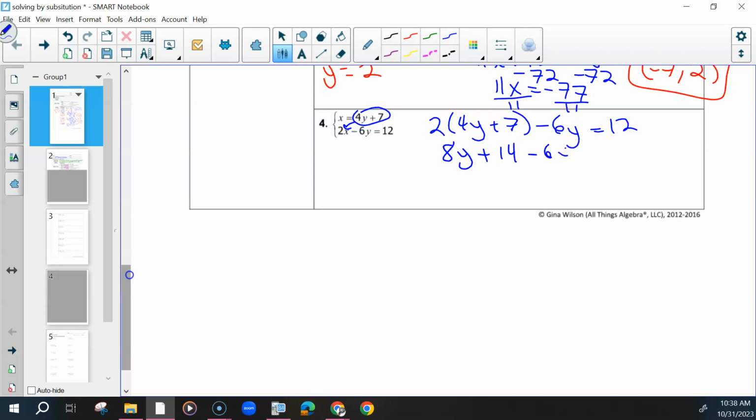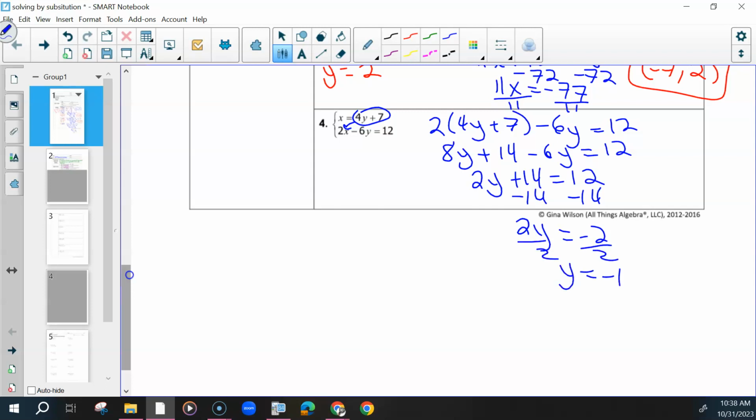Go ahead and start to solve, distribute. Combine like terms. Get rid of 14 by subtracting. And divide both sides by 2. Because of what we started with in the x equals equation, we ended up solving for y.